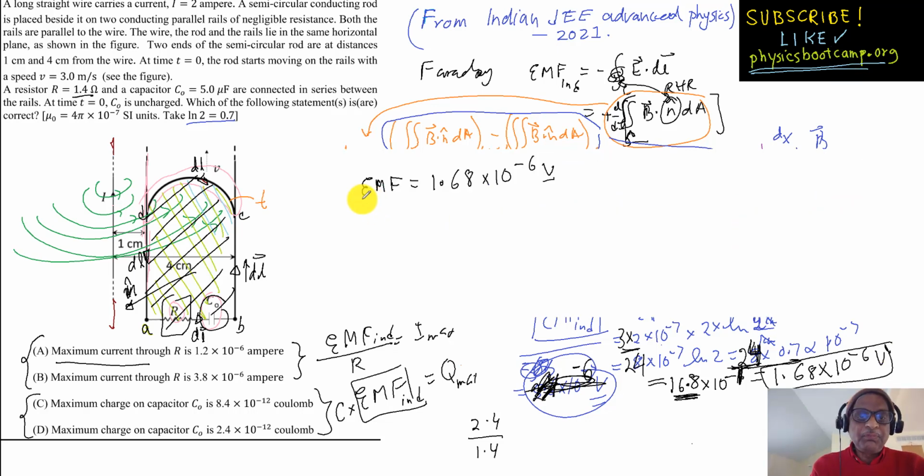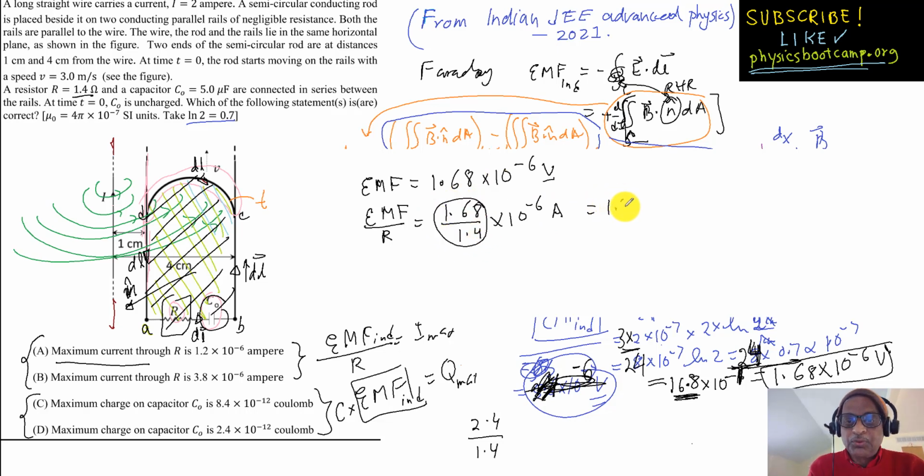Okay, so EMF is that, then I divide by resistance to decide between these two. So EMF divided by the resistance is 1.68 divided by 1.4 times 10 to the minus 6 amp, and this thing is 1.2 times 10 to the minus 6 amp.